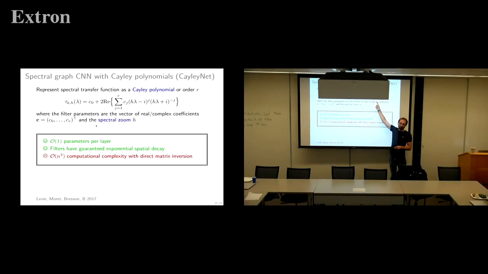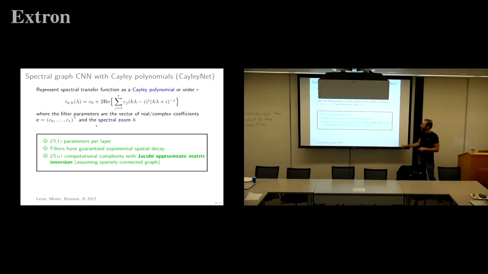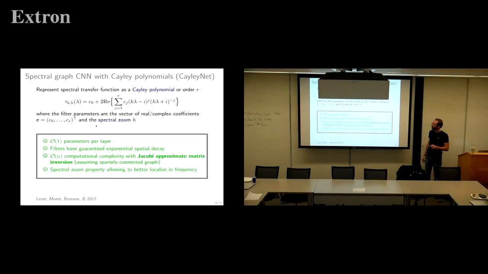It requires inversion of the Laplacian matrices, which if you do it explicitly costs n cubed operations, which is of course a bad thing, but we don't actually need to invert these matrices explicitly. We can compute an approximate inversion using, for example, a few iterations of Jacobi, which again has linear complexity. So we are back to the good property of linear complexity of this computation.